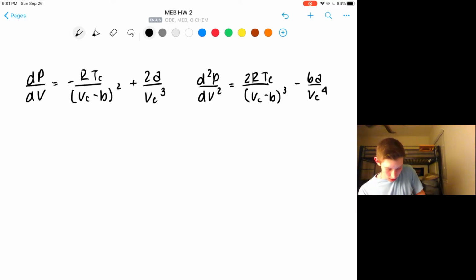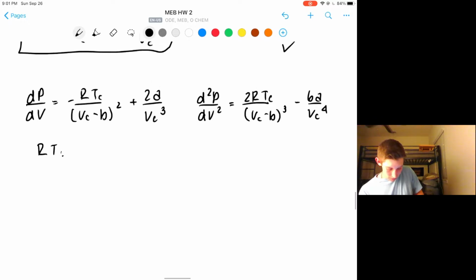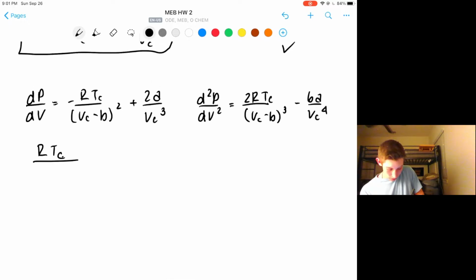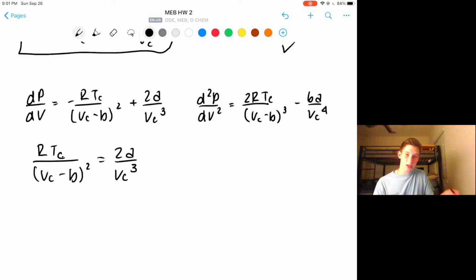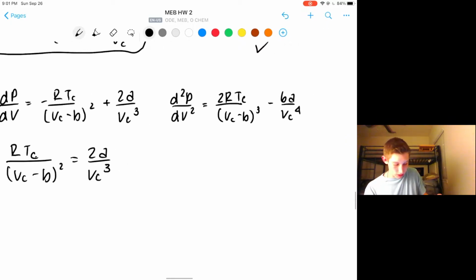So I can just say that the gas constant times the critical temperature over the critical volume minus B squared equals 2A over the critical volume cubed. And same thing with the second derivative equation.